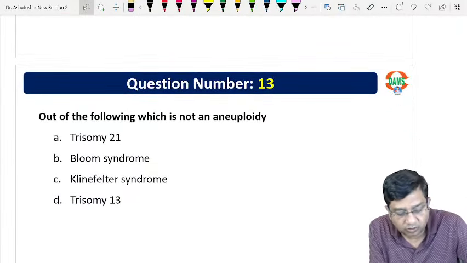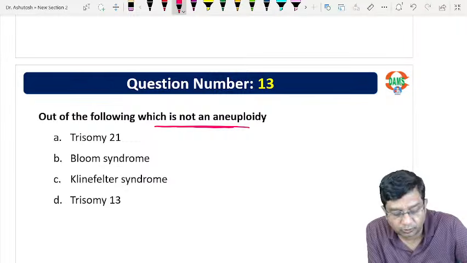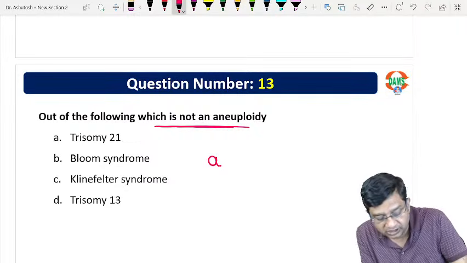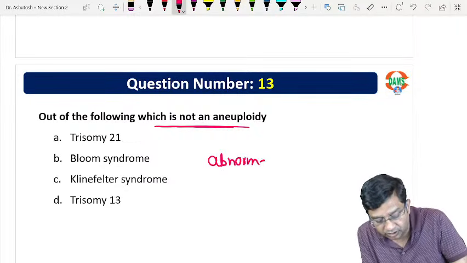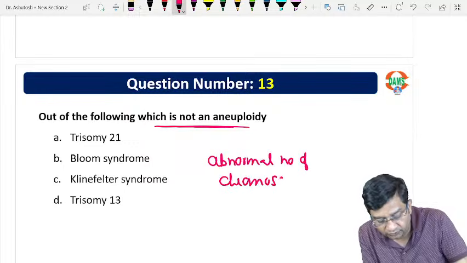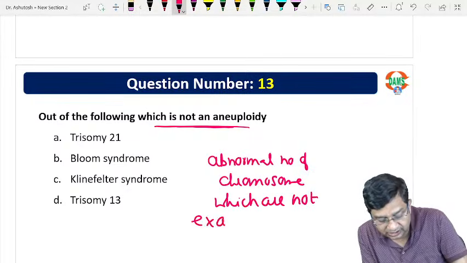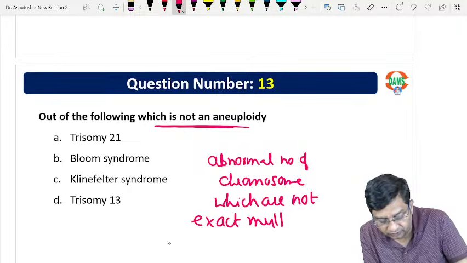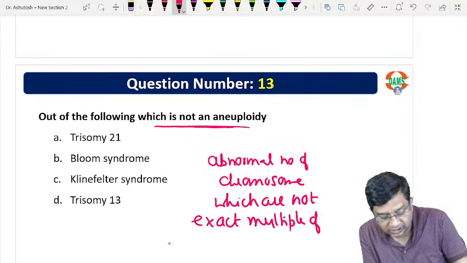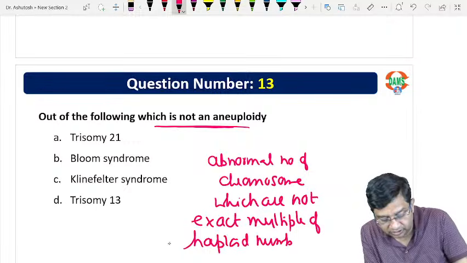Next one, out of the following, which is not an aneuploidy? Aneuploidy means abnormal number of chromosomes, which are not an exact multiple of the haploid number. Right?